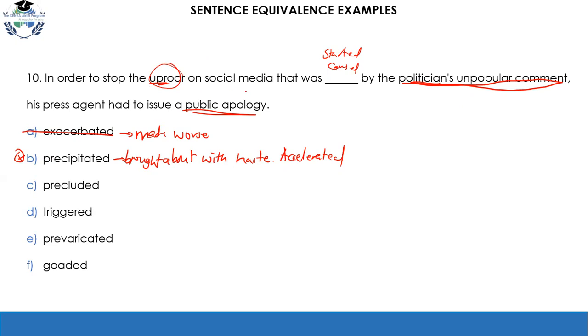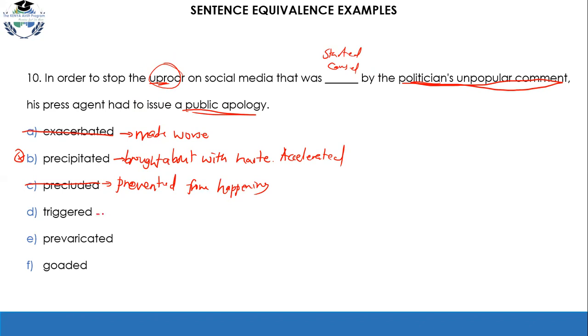Precipitated could also be used as a synonym for started. So caused, brought about with haste. So this one could work for us. Precluded, prevented from happening. That's what precluded means. Again, doesn't really work for us, right? These politicians' comment did not prevent anything from happening. It actually caused something to start, so it does not work for us.